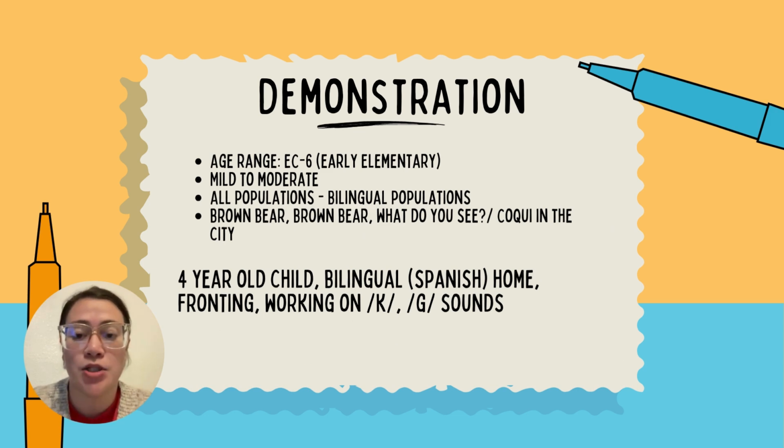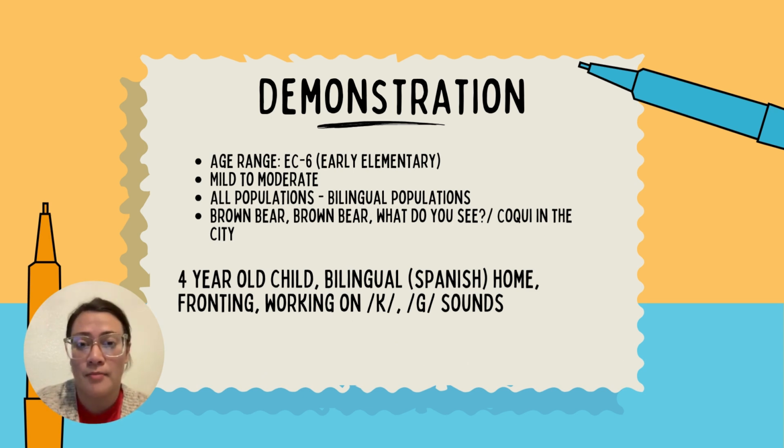So for my language demonstration, I chose the book Brown Bear, What Do You See? I wanted to choose a book that I felt is very commonly found or easily found at schools or places where there are children, like a child setting, perhaps a daycare or clinic that serves children.